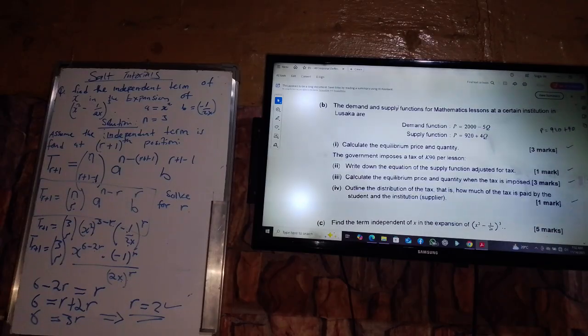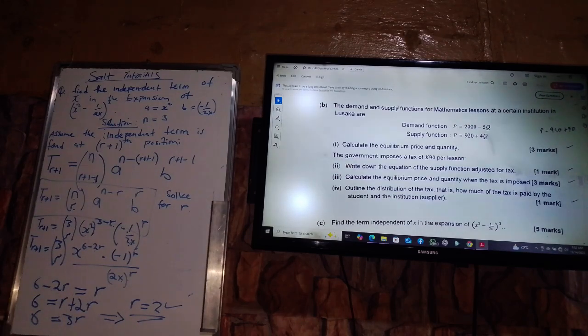So now, since the value of r has been found, we can go ahead and replace r with 2 to solve for this independent term. So everywhere now where there is r, we can put in 2 in this equation, so that we can solve for this particular term.